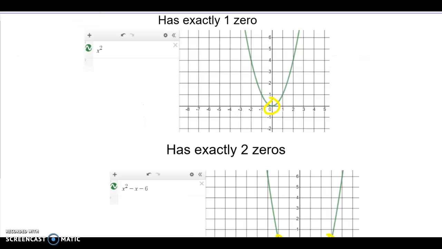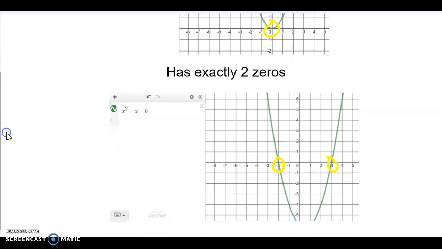All right. If you were given a question and it says, identify all of the functions or equations that have exactly 1 0, you just go to Desmos, you type in whatever your answer choices are, and you see how many x-intercepts it has. So this has exactly 1 0 because it's only touching the x-axis once.